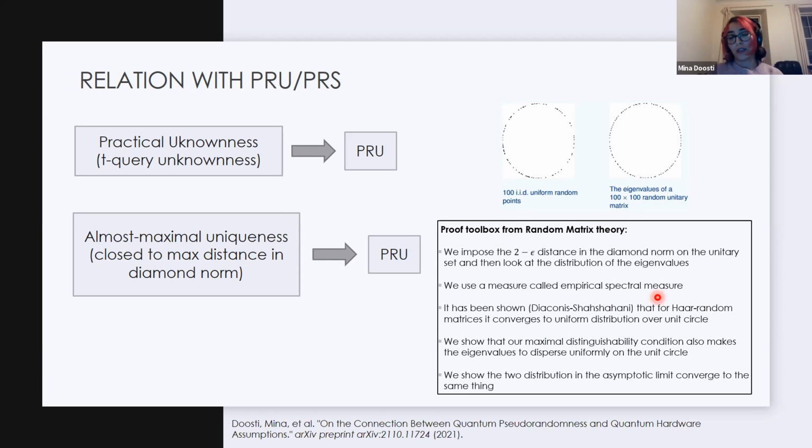they're computationally indistinguishable. But probably this can be generalized further. If you don't assume maximal uniqueness, and assume a lesser degree of uniqueness, you can probably still get pseudorandom unitaries. But this is an open question. We haven't shown that. We just show it for 2 minus epsilon, where epsilon is small.